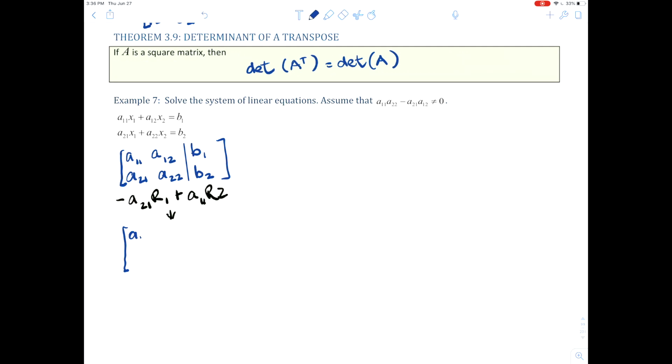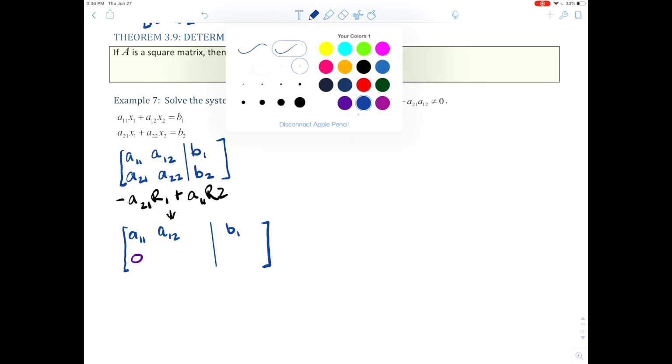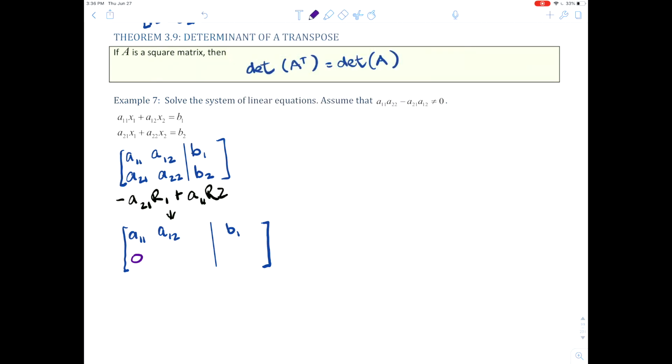Well, row 1 will remain unchanged, and my new row 2 will be, well, this will zero out as planned, and then the second one, we'll have negative A12 A21 plus A11 A22, right?